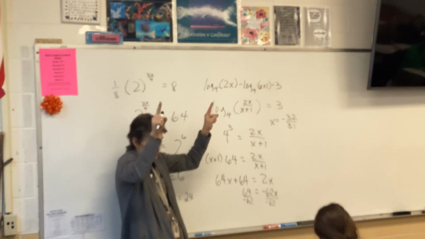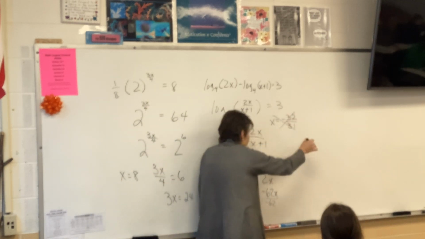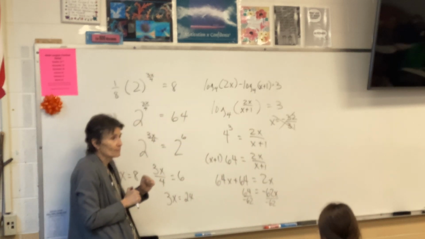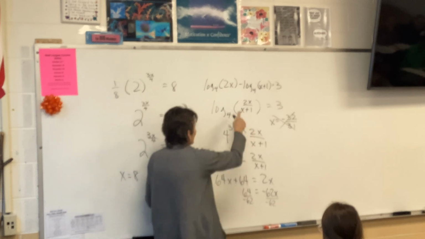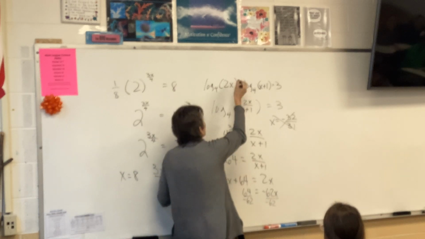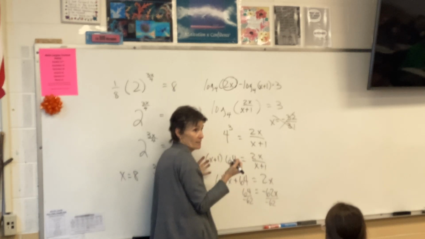Extraneous, extraneous. Why is that extraneous? Can anybody tell me? Not because it's negative, but because when I put it back into the problem, this would be negative. You see, there's a difference.